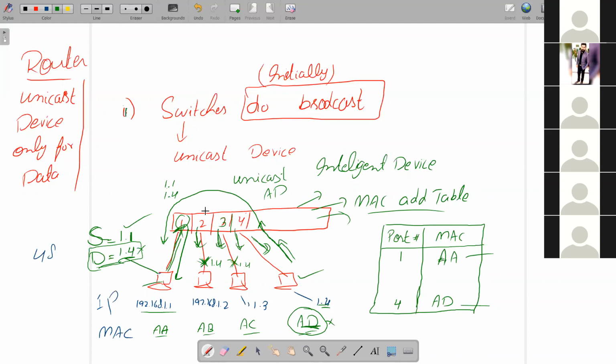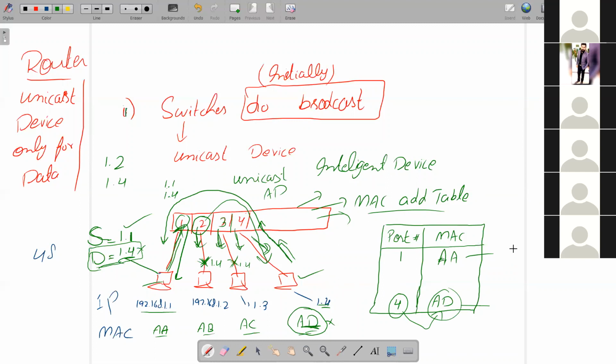And then the second case is, for example, now 1.2 is interested to communicate with 1.4. So now it knows 1.4 is at port number 4 and its MAC address is AD. Now at this time, the switch will not do the broadcast. It will simply do the unicast.